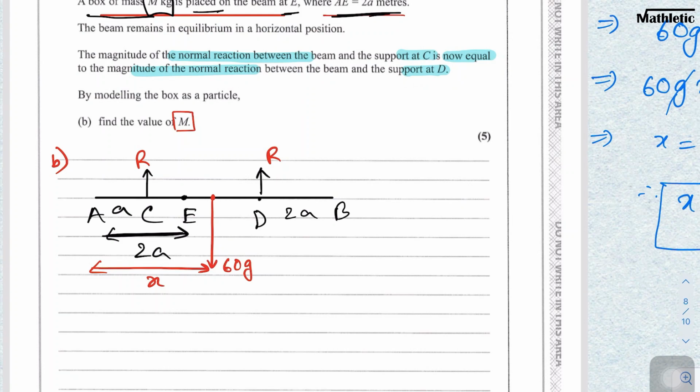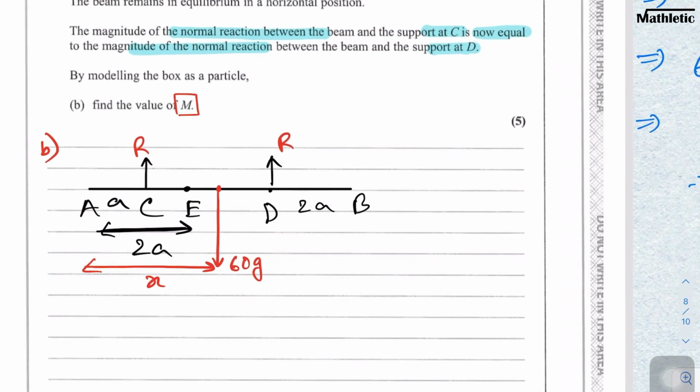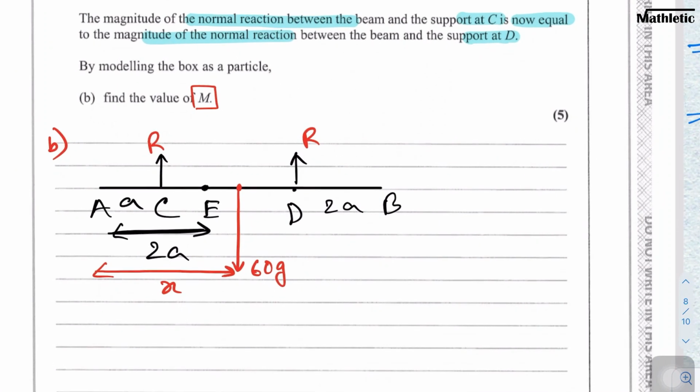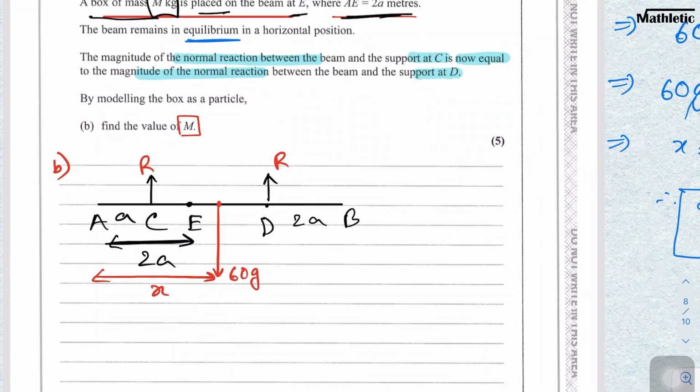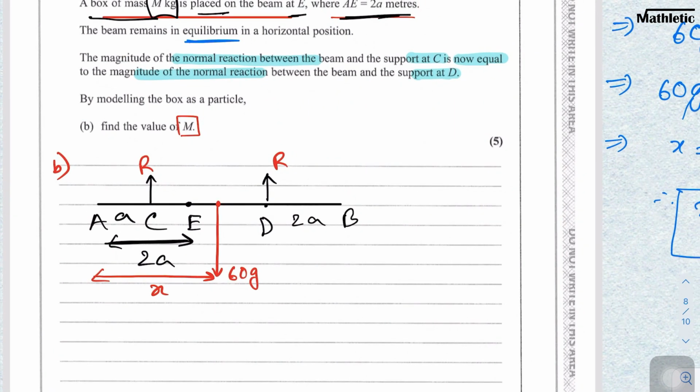We will just use an equation for the upward and downward forces first. Since the beam is in equilibrium, there is no resultant force in the vertical direction. So if I equate them, the sum of the upward forces equals the downward. Upward we have two forces, the reactions, and downward we have this box of mass M here, right?